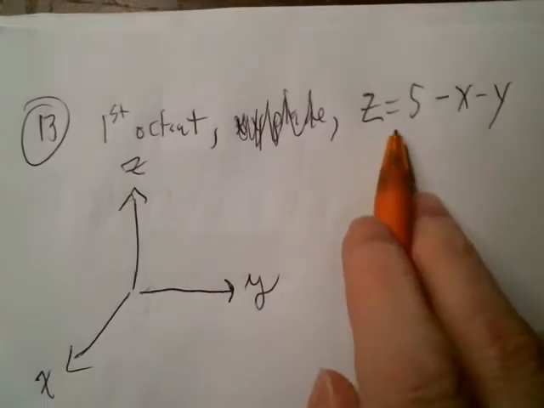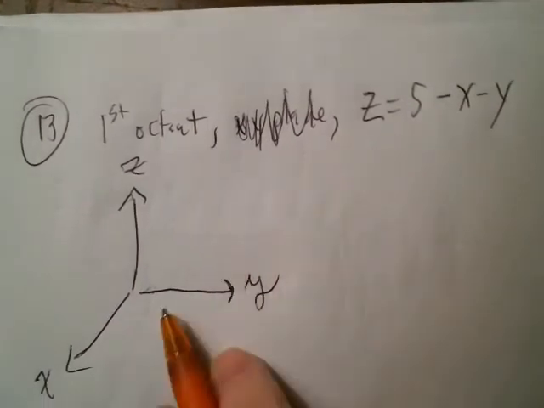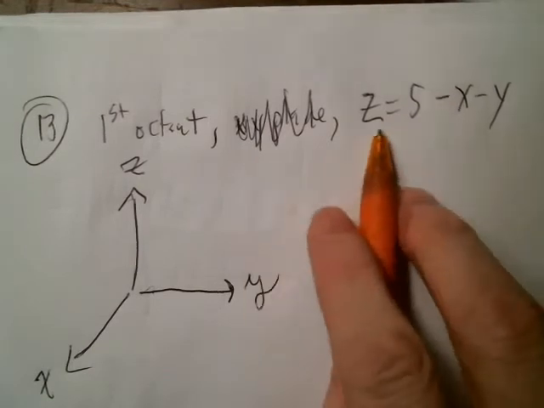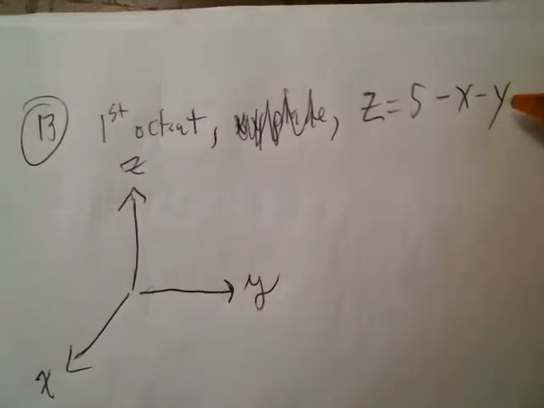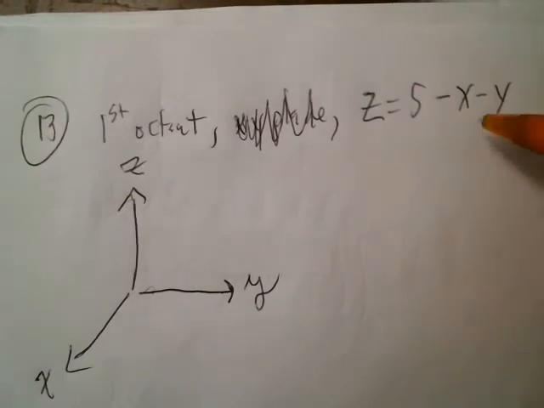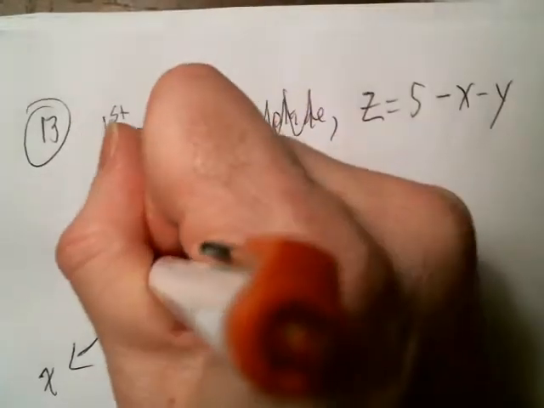And between this region here and this region here, to graph this thing, you let two variables equal 0 and then get the intercept. So let x and y be 0 to get z is 5.